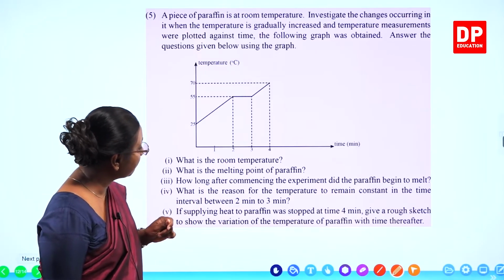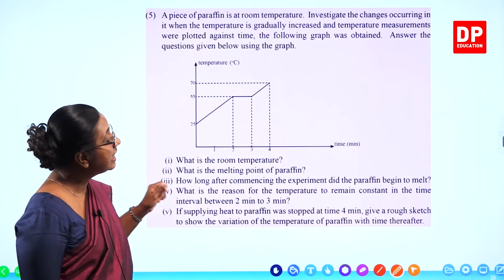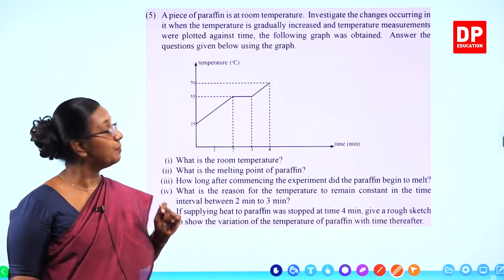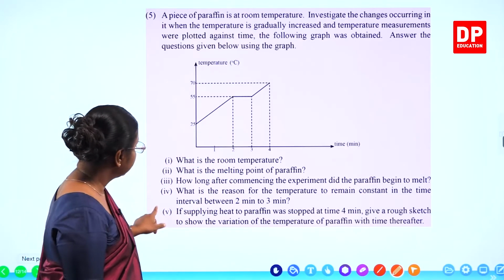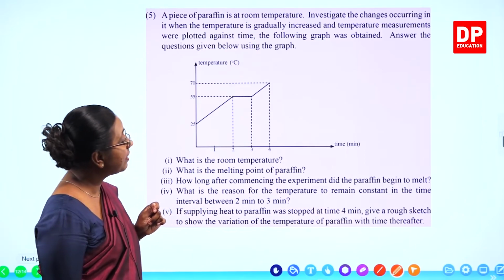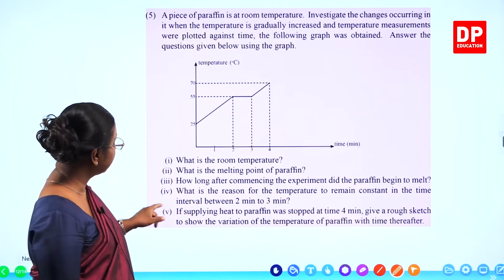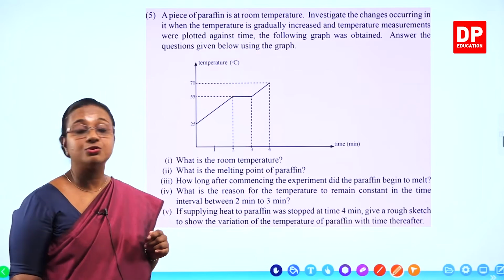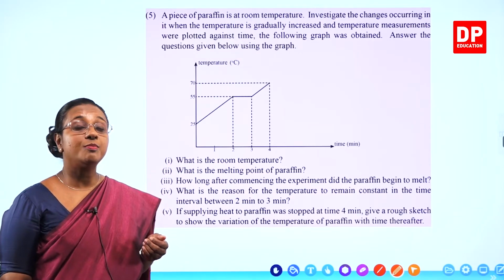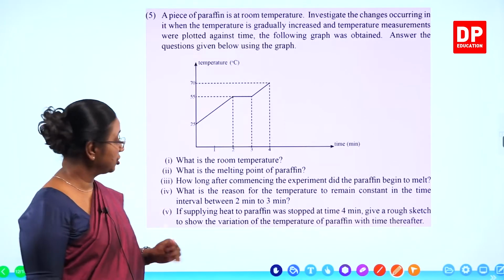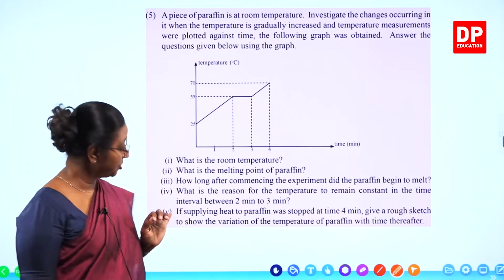Then how long after commencing the experiment did the paraffin begin to melt? That also you can read easily: after 2 minutes. Then what is the reason for the temperature to remain constant in the time interval between 2 minutes to 3 minutes? That also you know, that heat is absorbed as latent heat of fusion. So there is no temperature change.